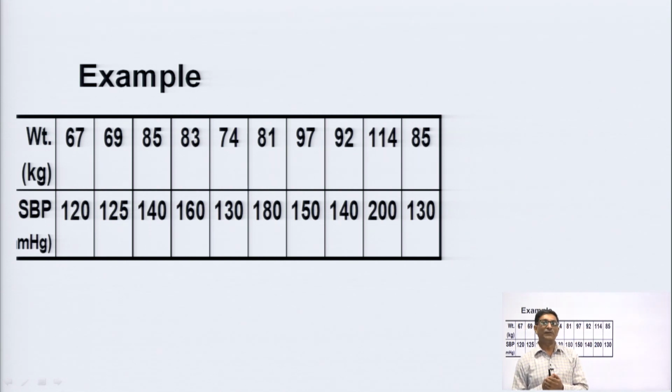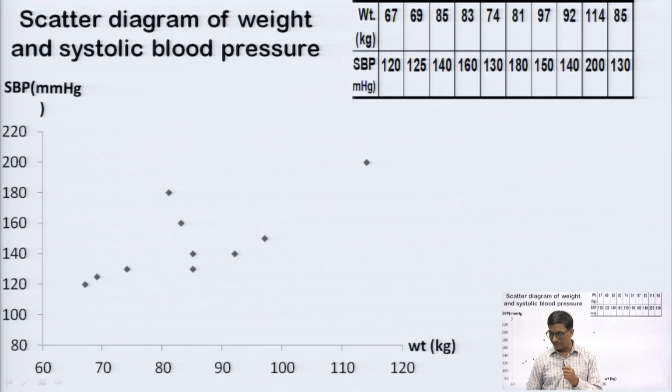As we know, weight and systolic blood pressure are two quantitative variables. Okay. So, how do we draw the scatter diagram? Before drawing the scatter diagram, we should know which variable is independent and which variable is dependent.